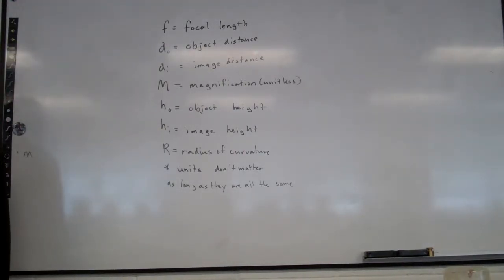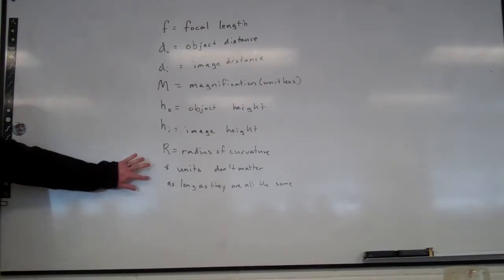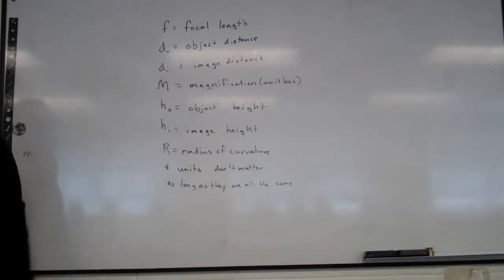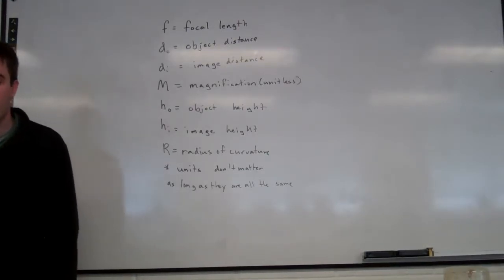In the last section, you do need to have everything in meters, but for these equations the units don't matter. They're usually going to be given in centimeters, so if everything's in the same unit, you don't need to convert. Does that make sense?